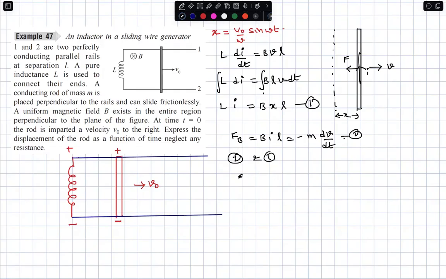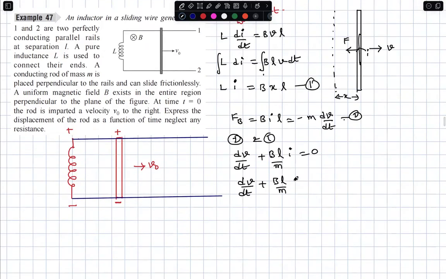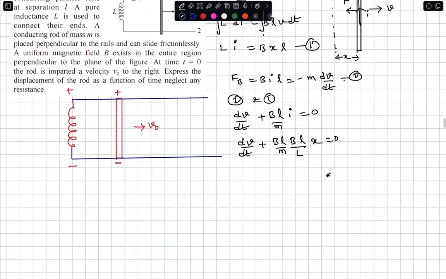Equations 2 and 1 imply dV by dt plus BL by M, I is equal to 0. dV by dt plus, I represents BL by L, x is equal to 0.